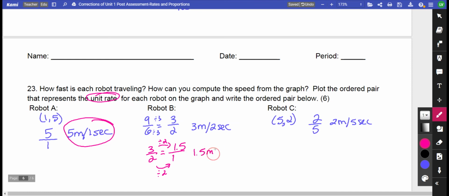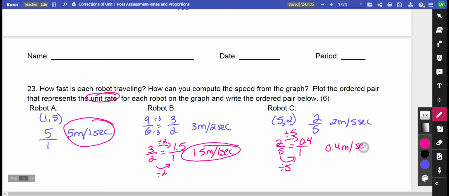So that's 1.5 meters per 1 second. Then for robot C, 2/5, we want to have a denominator of 1. So I'm going to divide the denominator by 5, which means I'm going to divide the numerator by 5, which gives me 4/10. So that is 4/10 of a meter per second.